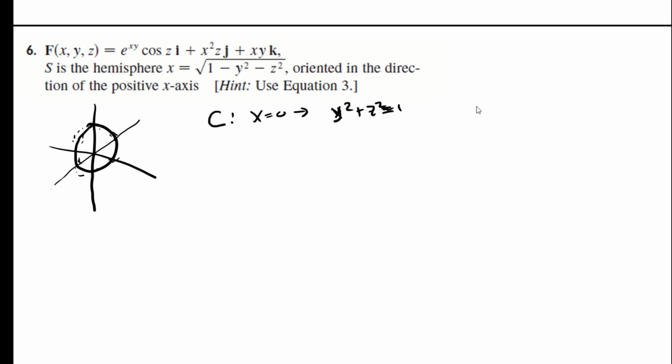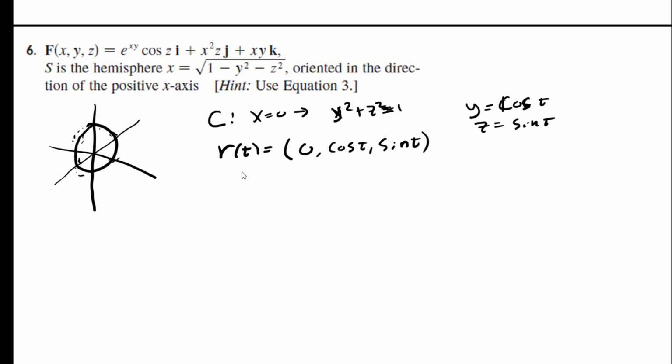And then we can parameterize this the same way. y equals cosine t, z equals sine t. So our r is going to be 0, cosine t, sine t.